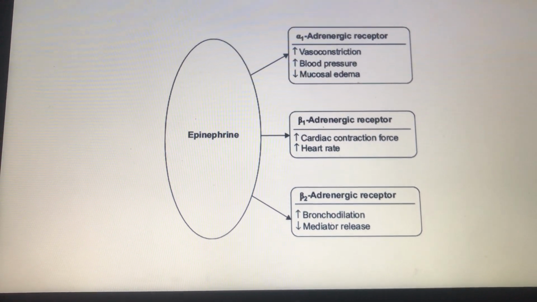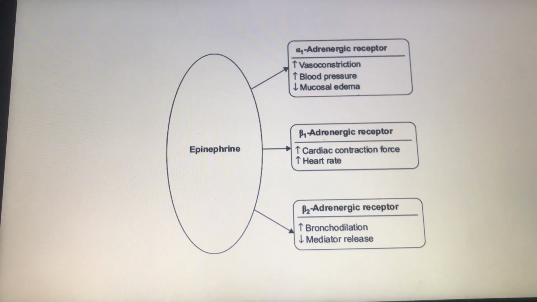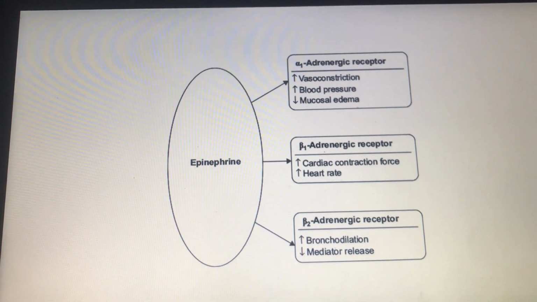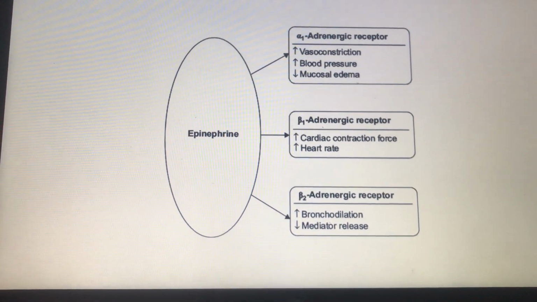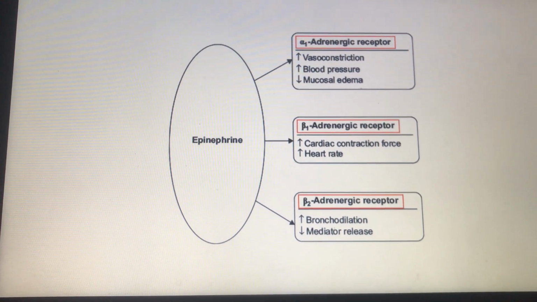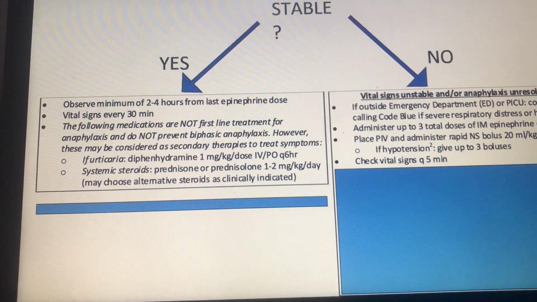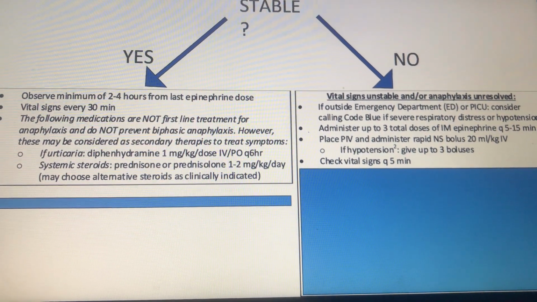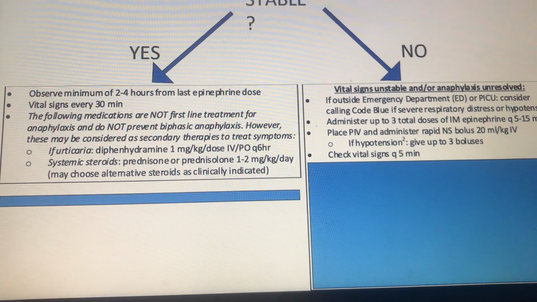On the beta-2 adrenergic receptor, it increases bronchodilation and decreases mediator release. Mast cell mediators like histamine can be reduced by giving adrenaline. This is how adrenaline or epinephrine works in the case of anaphylaxis. If stable after treatment, you can observe for 2 to 4 hours after the last dose of epinephrine.